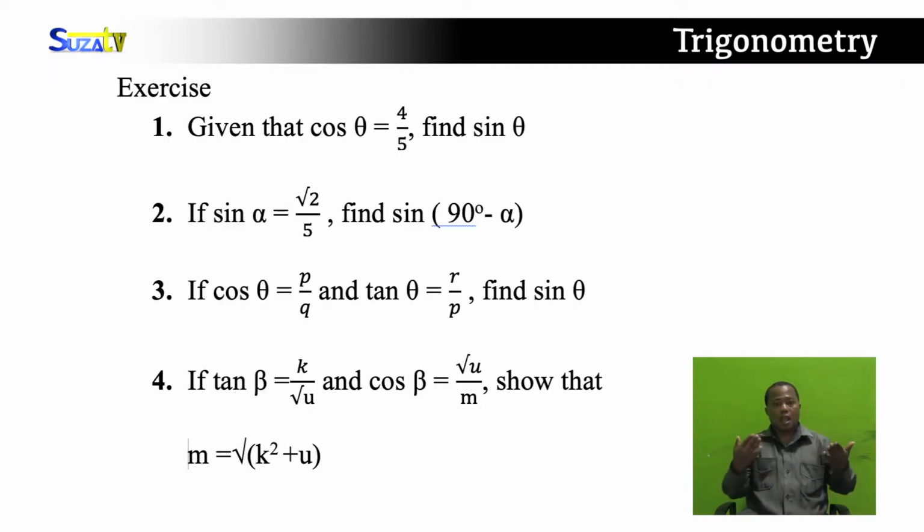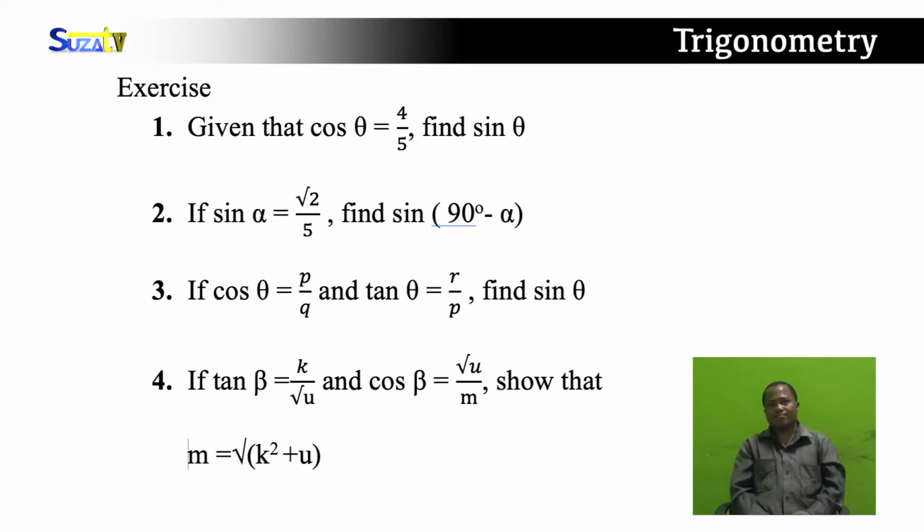So now, below here are some exercises, so you can do a lot of revision at home. Make sure you do them properly. Number 1, given that cos theta is equal to 4/5, find sine of angle theta. Number 2, if sine alpha is equal to √2/5, find sine of 90 degrees minus alpha.